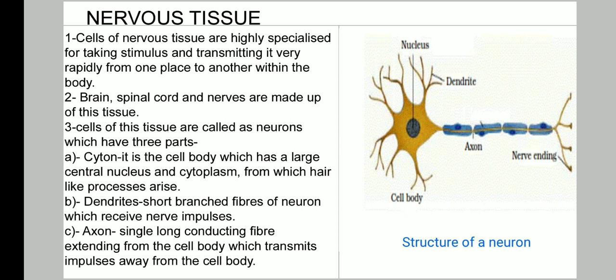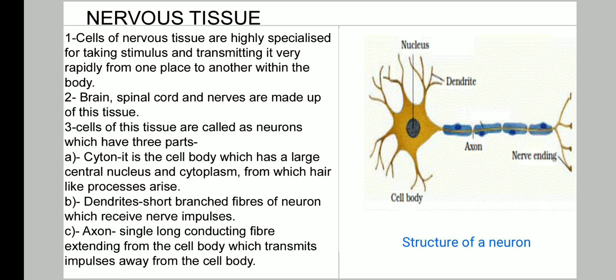Whatever senses we get are called stimuli, and they are transmitted to the brain, and then the brain gives orders accordingly, and then our muscles or glands react. All these messages are transmitted by the neurons.